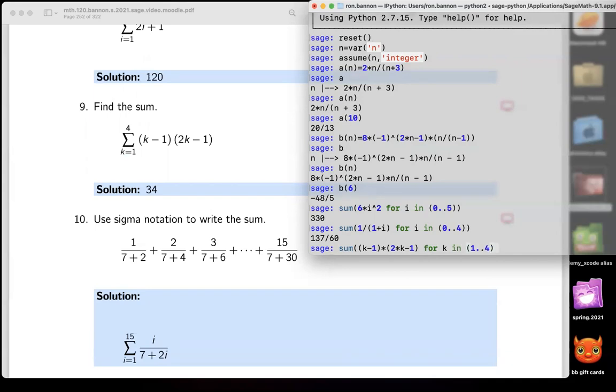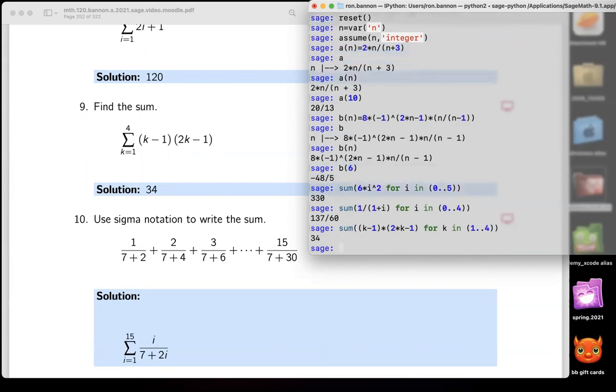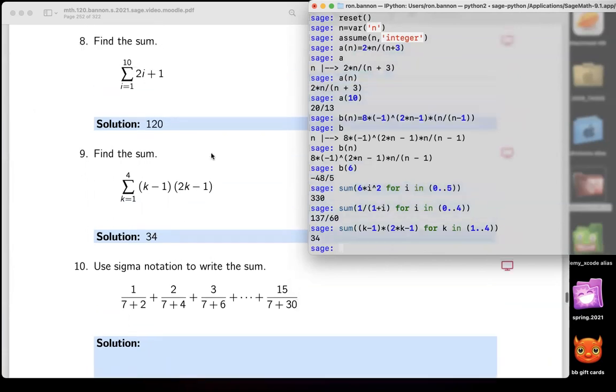Someone's going to say, if this can do it, why do I need to learn to do things by hand? What you're doing by hand is understanding. Later on, sums are going to get hugely complicated, and you need to understand that. What do you get? 34. Well, what did I get when I did it by hand? 34. And so forth and so on.